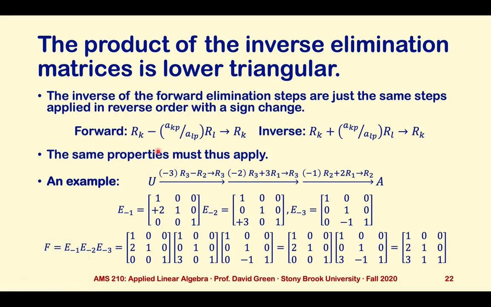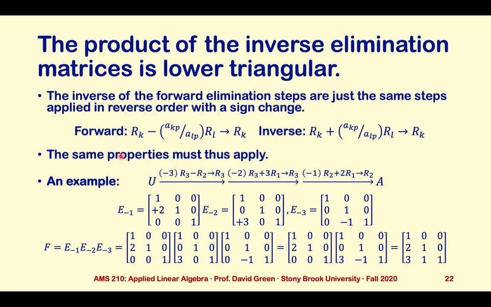If a forward elimination process is subtracting a certain multiple of the row, and the step that reverses those is simply adding the same multiple, clearly the underlying elementary matrices have to have the same structure. And we've seen that to invert the forward elimination, we take the same steps, we just apply them in the reverse order with this sign change.